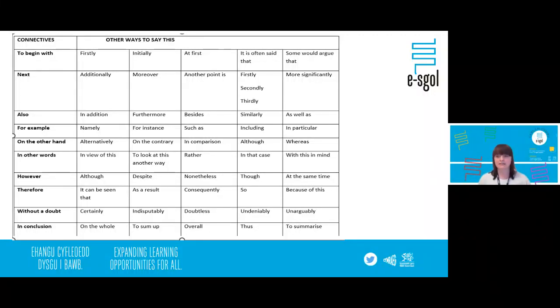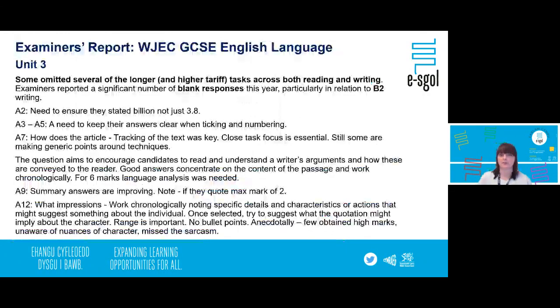So section B is deemed as quite weak in comparison to section A. So what we're trying to do here is to ensure that you come across as a confident writer and a confident candidate. So being able to vary your vocabulary and vary the way in which you start sentences is definitely going to be helpful for you in the future, okay?